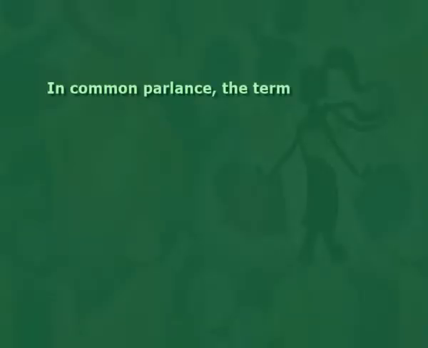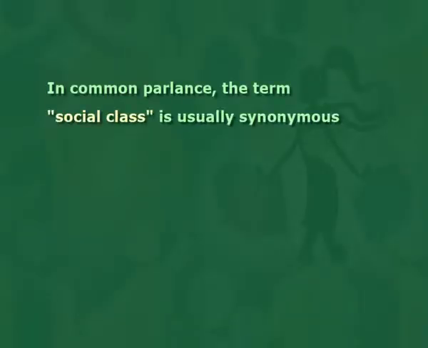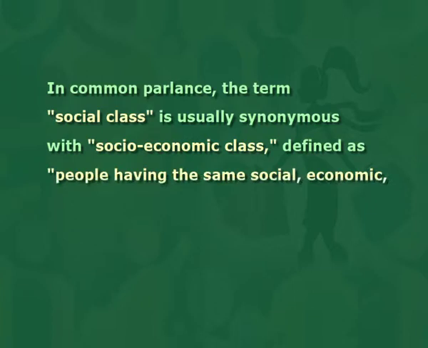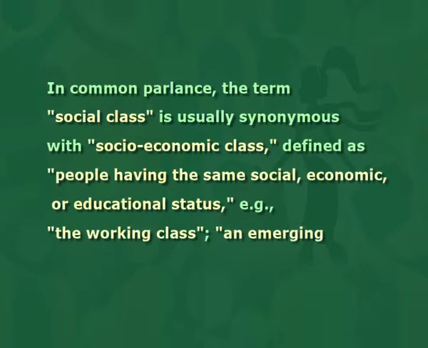In common parlance, the term social class is usually synonymous with socio-economic class, defined as people having the same social, economic or educational status. For example, the working class and emerging professional class.